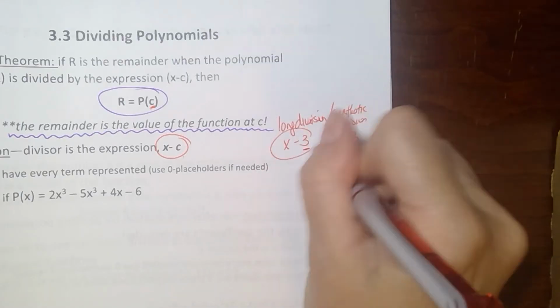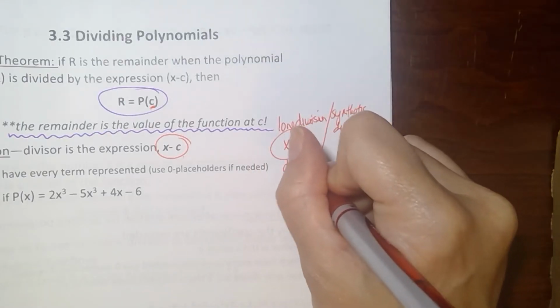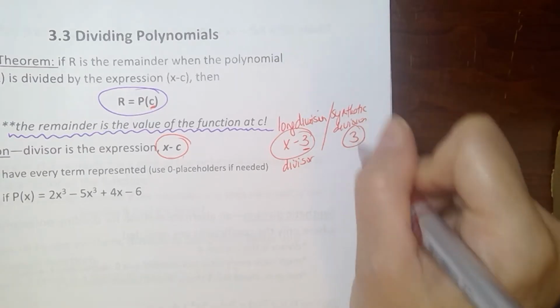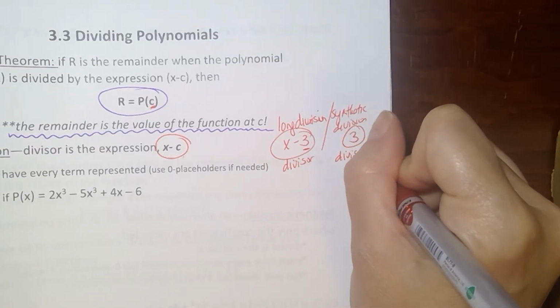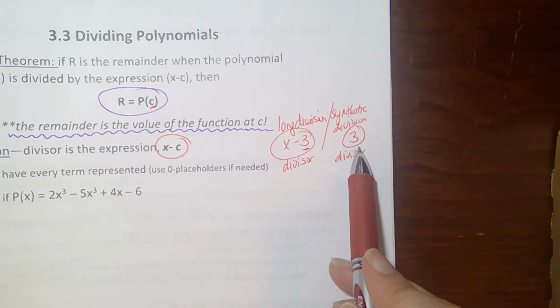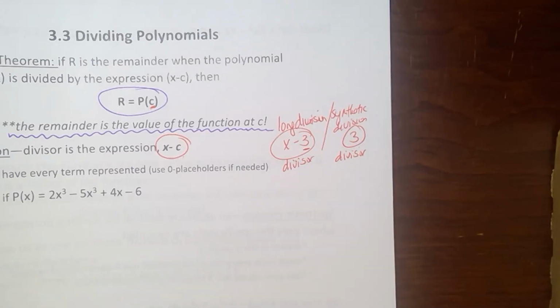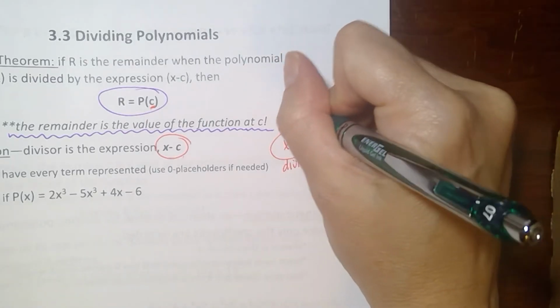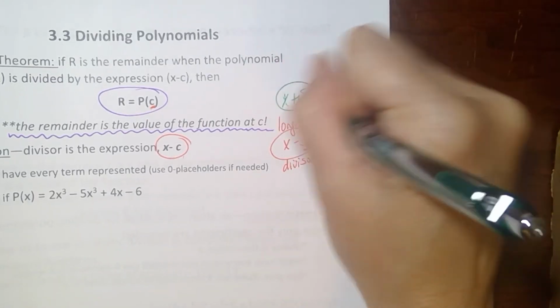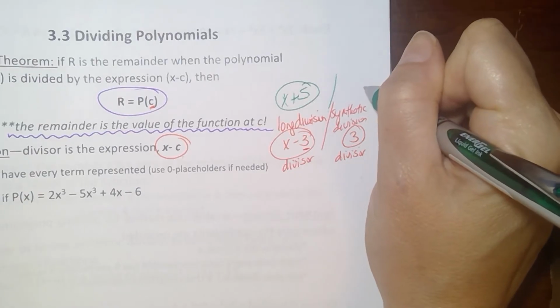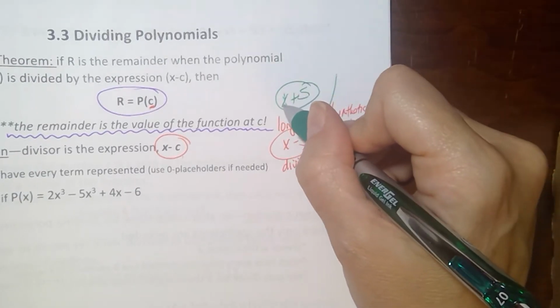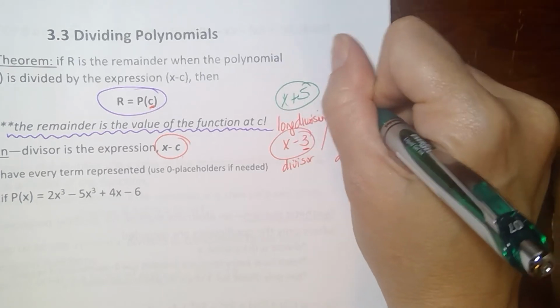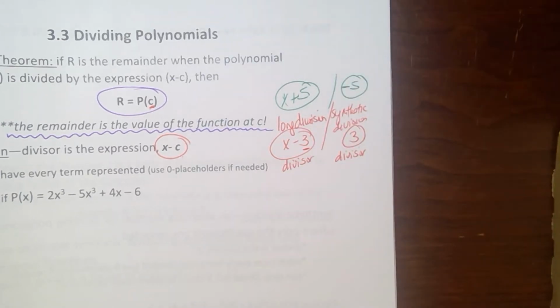So for long division, if my divisor is x minus 3, if I choose to do synthetic division, the divisor would just be that value of c, or 3. Another example, if I'm doing long division and my divisor were x plus 5, what would I divide by with synthetic division? Well, this starts out as x minus, so I changed the sign. I would have plugged in a negative 5.